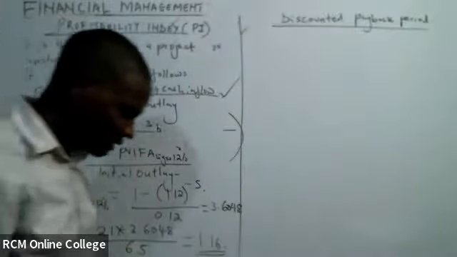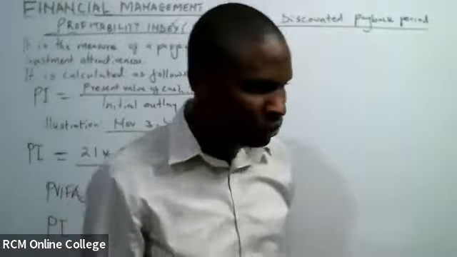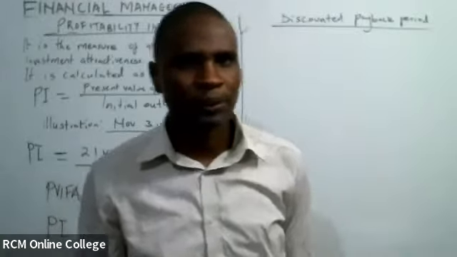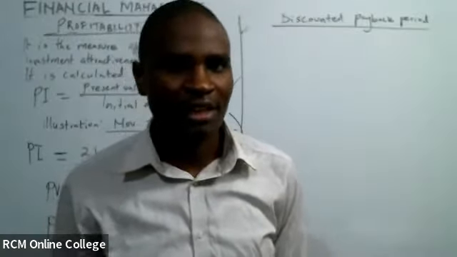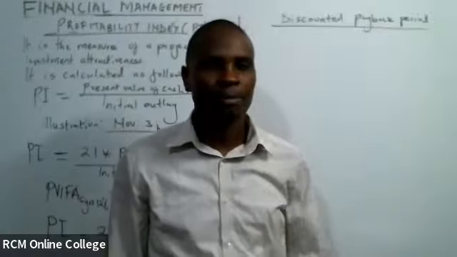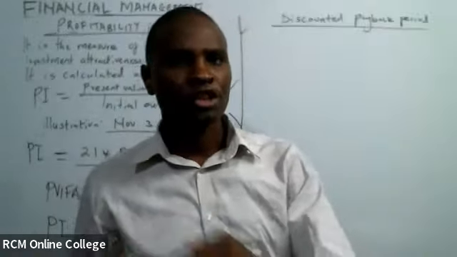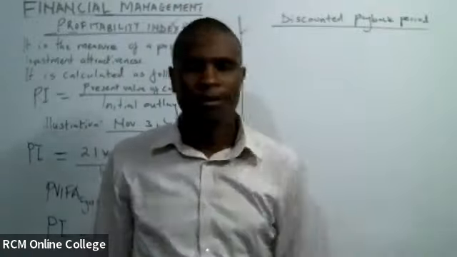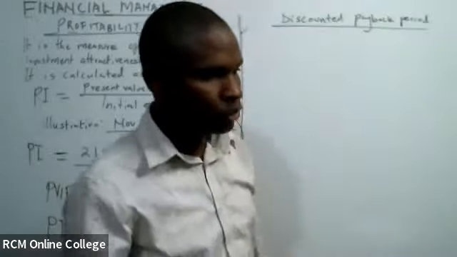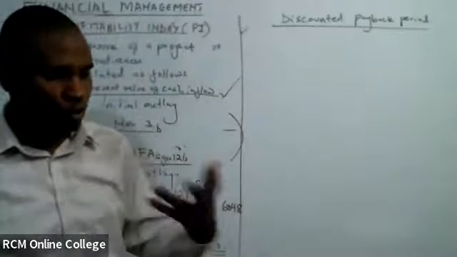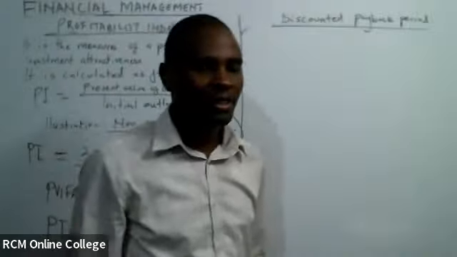So how many years does it take for us to recover or to recoup the amount of money that we invested at start in that project? And we say that the shorter the period, the better the project. The shorter the period we take to recoup or recover what we invested, the better the project.